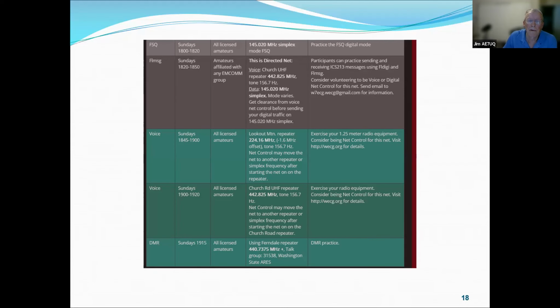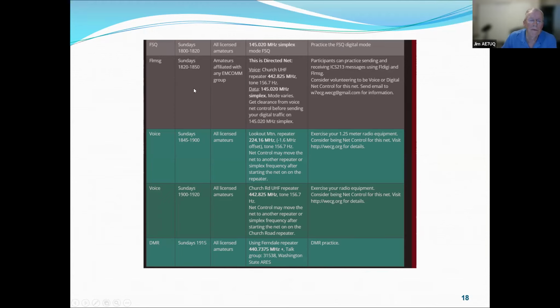This is an example of some of the nets that our club runs. For example, if you went to our website and looked it up, these are the 5 nets that we normally run on Sundays. We've got 2 digital nets. This is an FLDigi mode of FSQ, which is basically texting. This is the frequency it's on. All amateurs welcome.